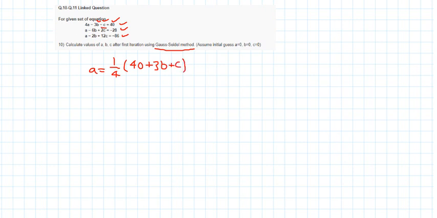Value of B is equal to 1 upon the coefficient of B, minus 6, constant value minus 28, minus the second term and third term apart from B, A and 2C. So minus A and 2C is minus, then this is plus.